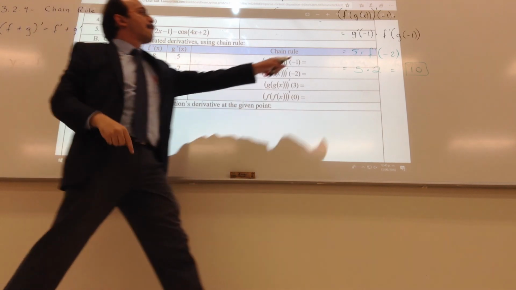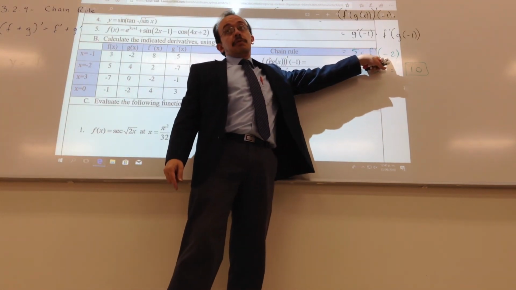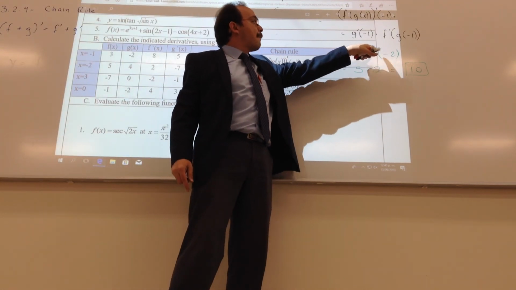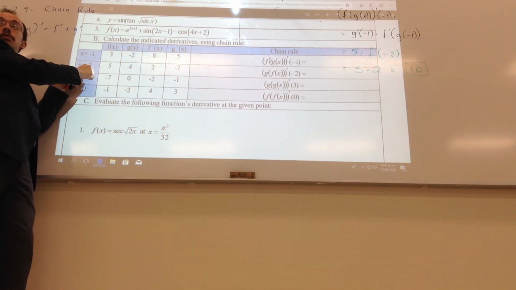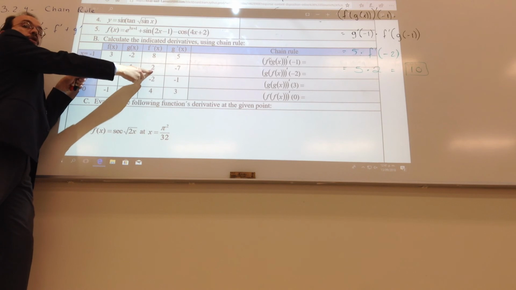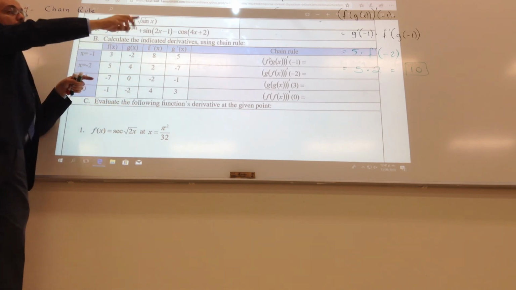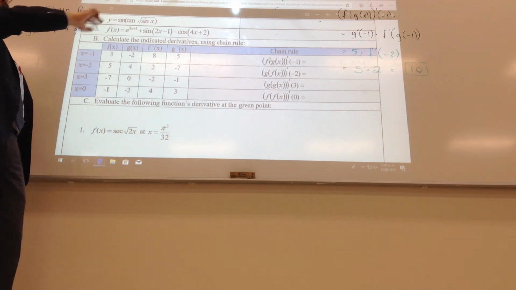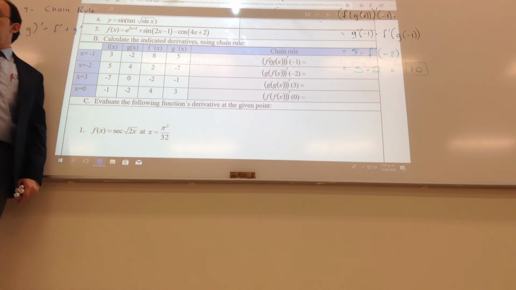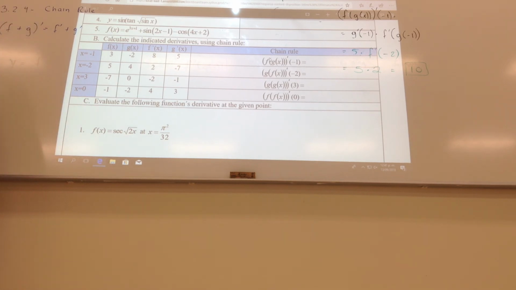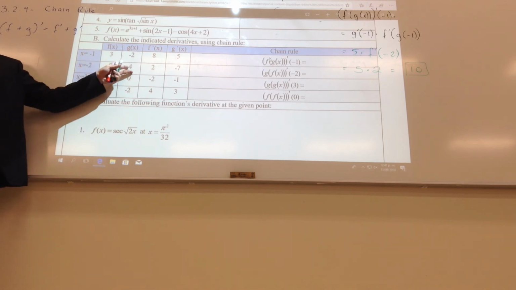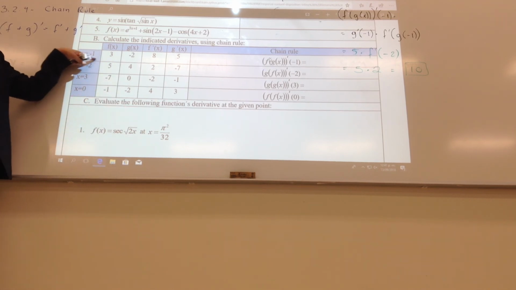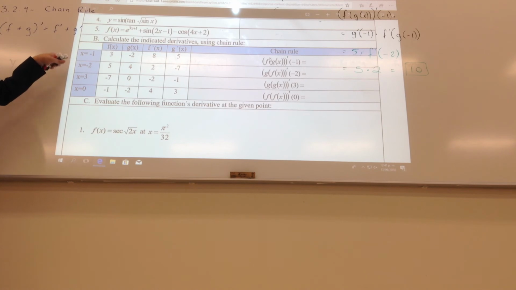So you have f prime of minus 2 now, which is 2. So 5 times 2, 10. In this one, you need to use the whole table, all the values, not just a single row like the previous ones.